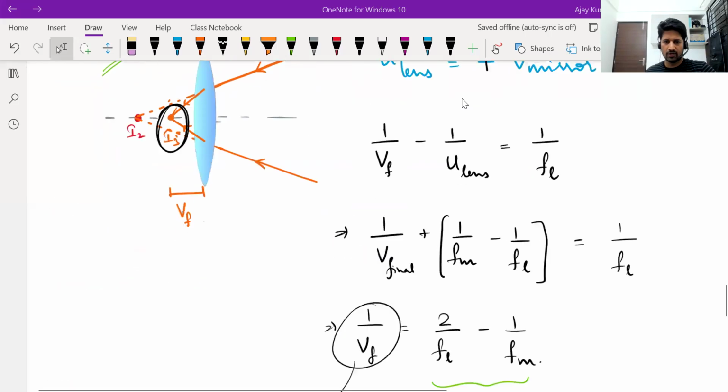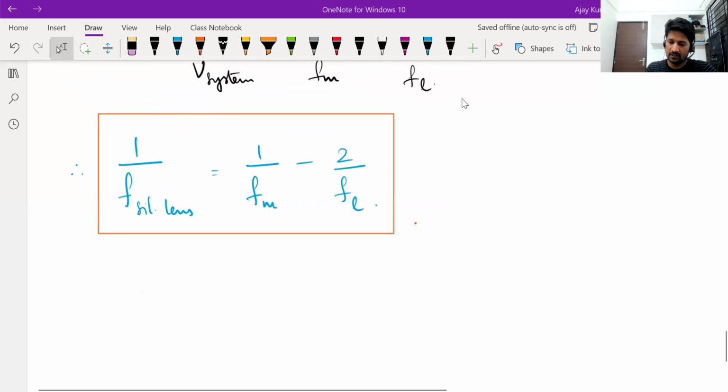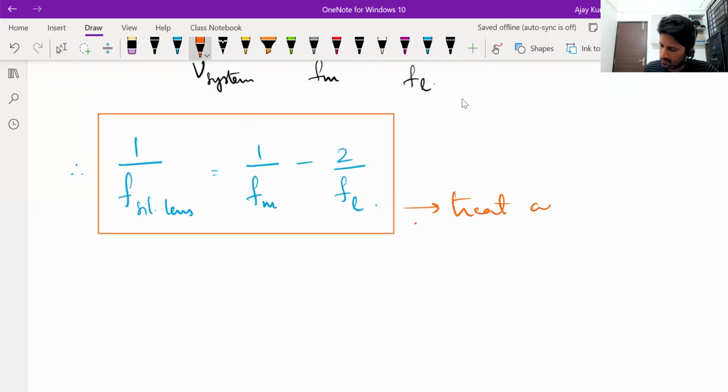Now we found focal length of the silvered lens. Okay, but this has to be treated as a mirror. Means if you want to find out where the silvered lens forms the image, you have to apply the mirror formula with this focal length, not the lens formula.